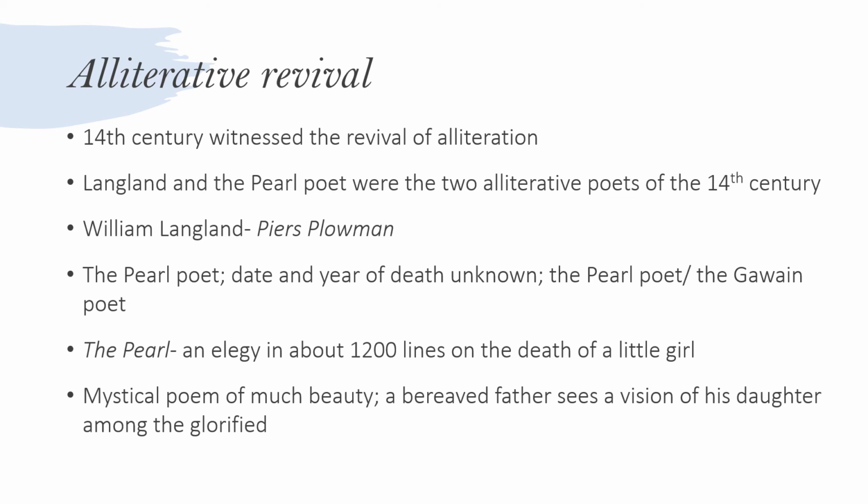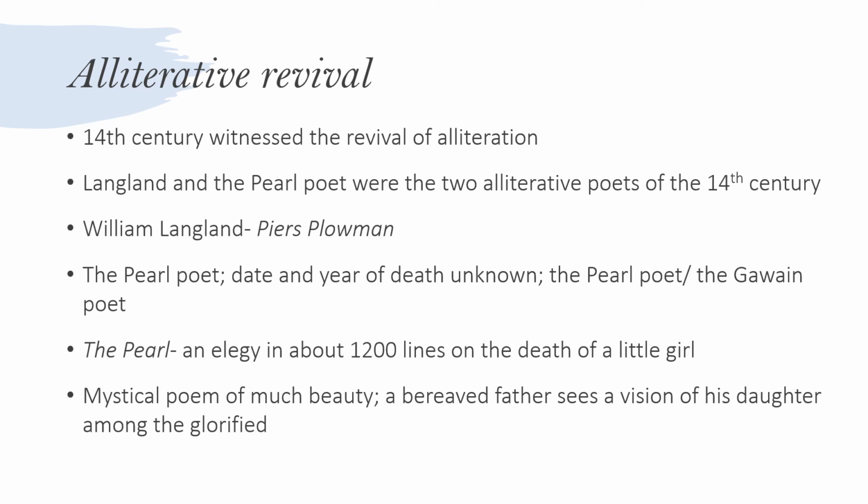In the poem, a bereaved father sees a vision of his daughter among the glorified. The narrator wanders through a garden containing the grave of his infant daughter. And suddenly he has a vision of paradise lying beyond a river.